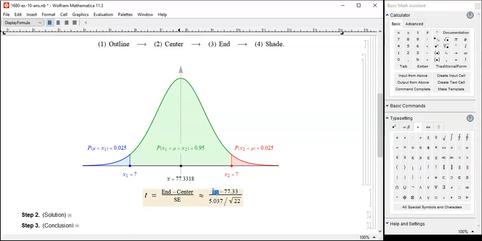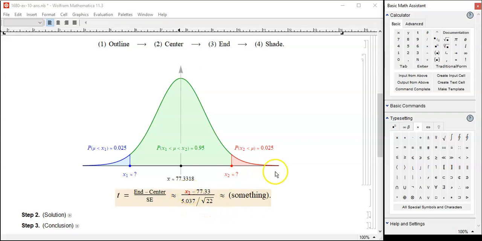So that's the quantity I'm looking for. And then if I get my t-value associated to that, that's going to be the right-hand side. Once I get it, solving an equation to get x2 is not too bad.